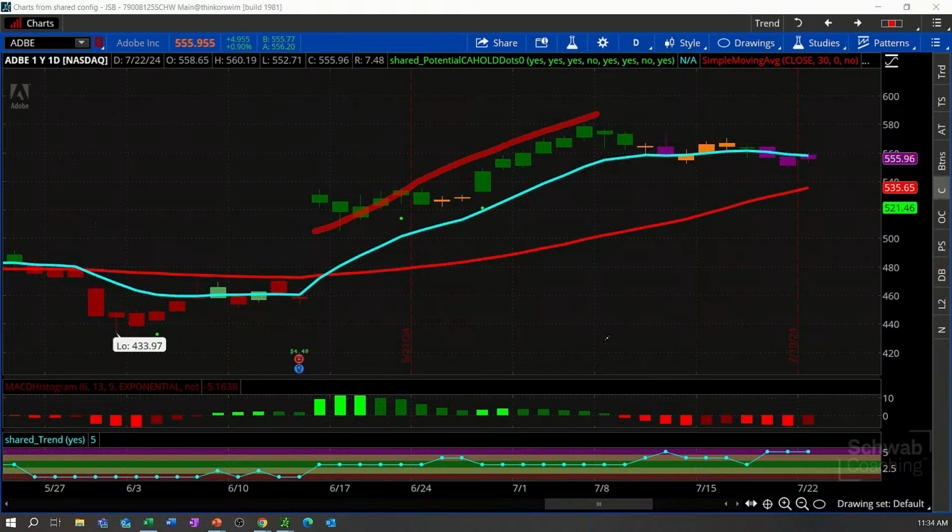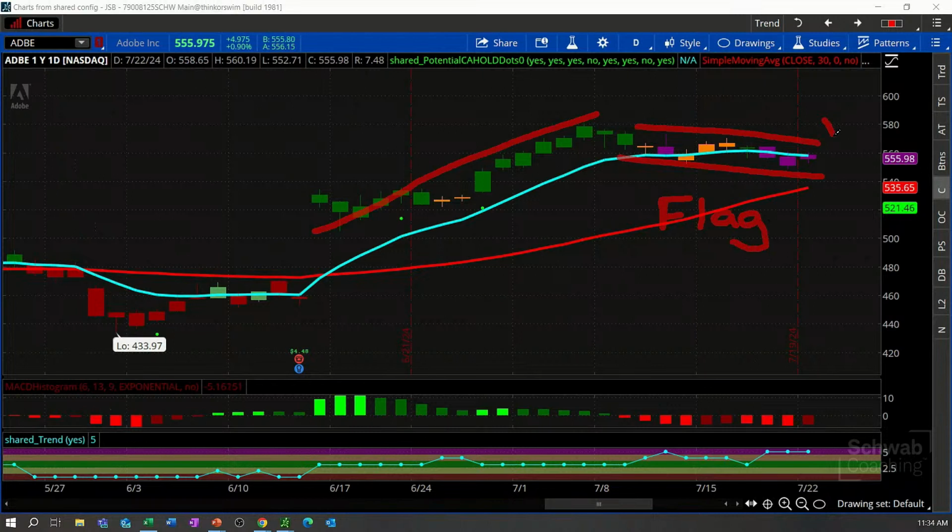Captain Obvious. But if I said, well, where's the flag? Where did it start to pull back? There she is. If we talk about a short, shallow pullback, we want to see the orange, purple color candles. Now, why do we care about seeing the orange, purple color candles? That's the flag.